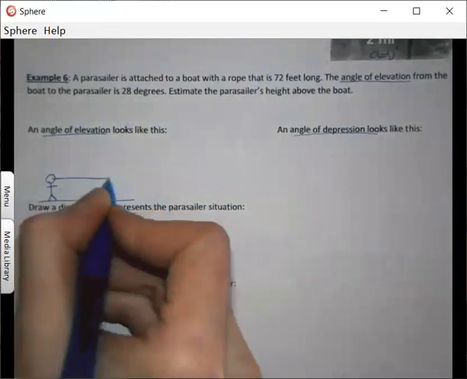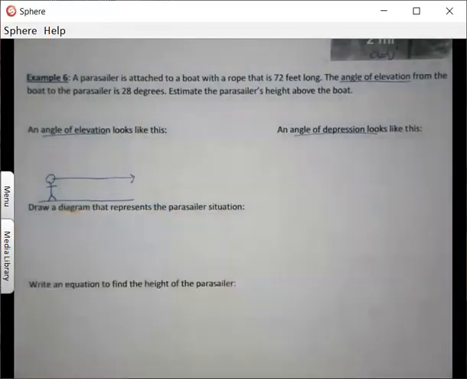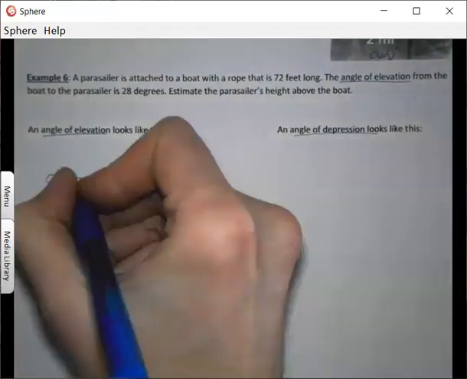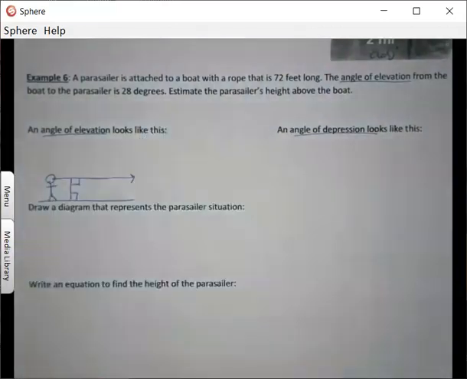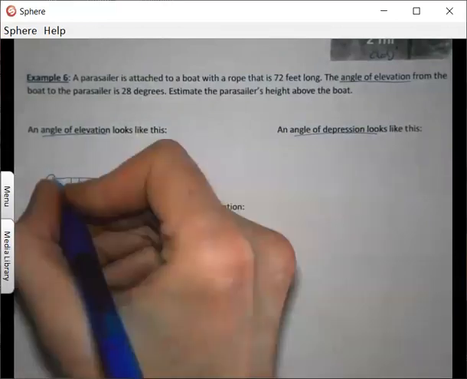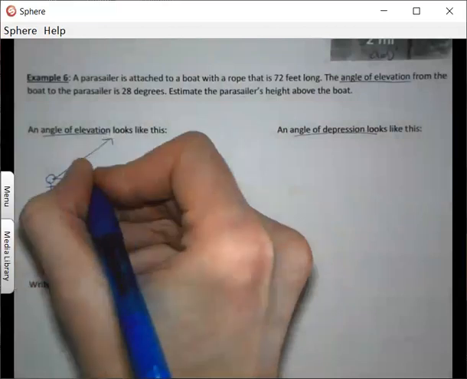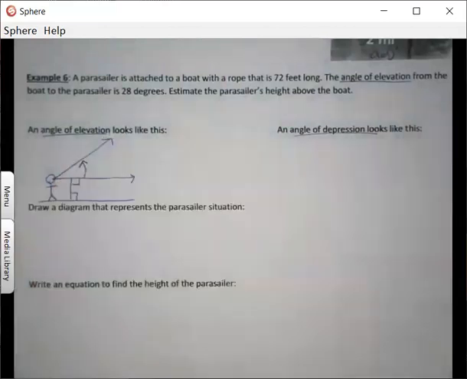Now our starting point always needs to be parallel to the ground. Sometimes our starting point is the ground. If it's not, it always has to be parallel to the ground. Now say from looking straight ahead, we look up. So from your reference point, looking up, that's an angle of elevation.